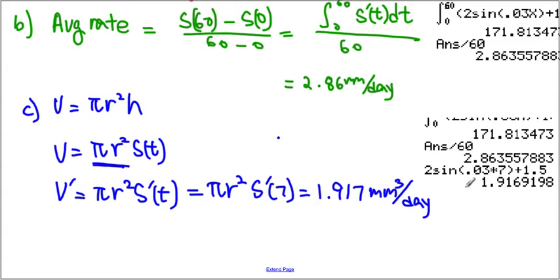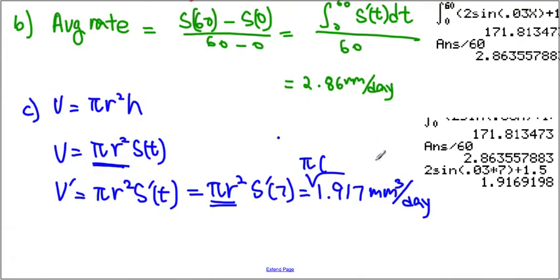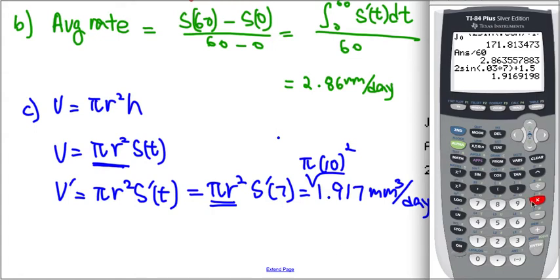Oh, actually, we forgot to multiply the pi times r. Sorry about that. Pi r was equal to, I believe, 10. So 10 squared. Then we just have to finish the calculation. We got to multiply that by 100 pi.